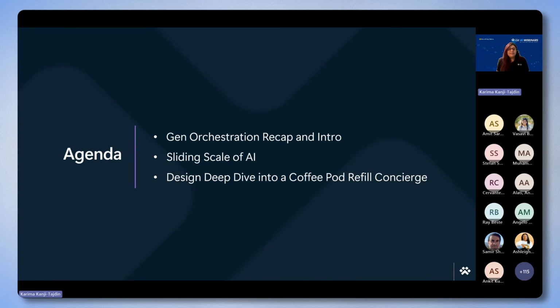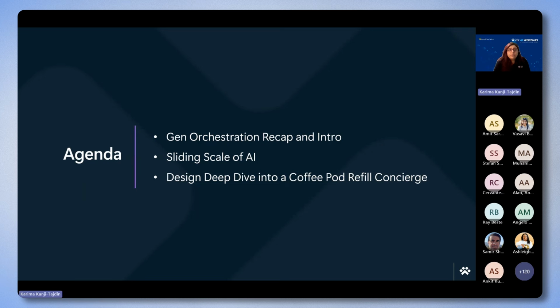And so, what we're going to talk about is we're going to continue what we learned about generative orchestration last time. If you missed it, that's okay. I think I'm going to cover the basics in a completely different way. And so, hopefully, you will get a lot of value out of it.